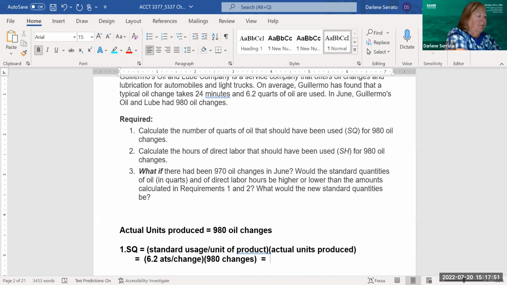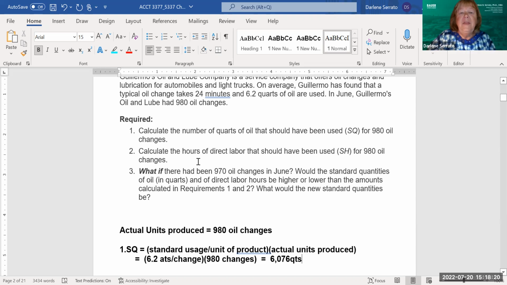And that's going to give me a number of 6,076. So that is how many quarts of oil I should have used. Okay.